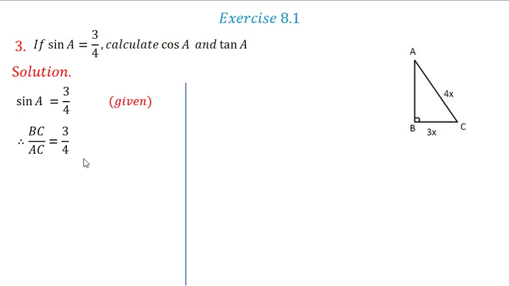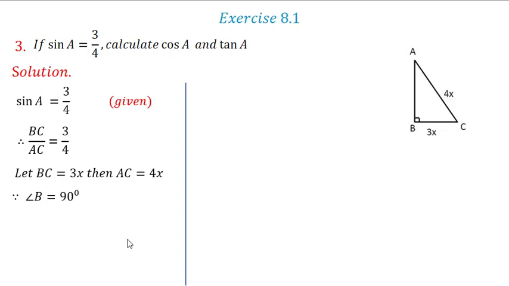I can consider the opposite side as 3x and the hypotenuse as 4x. Sin A is opposite upon hypotenuse, which is BC upon AC, so BC upon AC is 3/4. So I will assume that BC is 3x and AC is 4x.